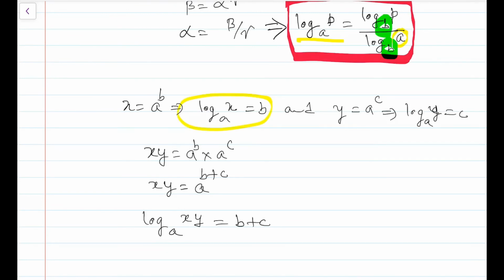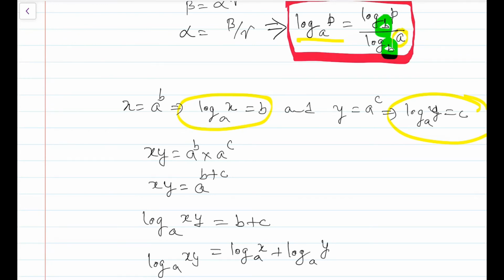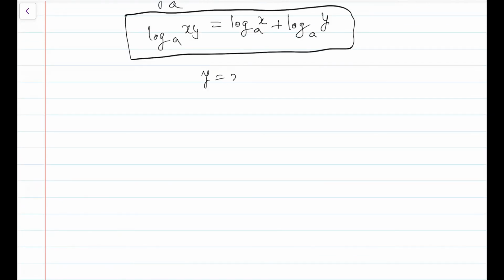Now what is the value of b? B is log of x to the base a, and the value of c is log of y to the base a. So now we have got an interesting property. Log of xy is equal to log x plus log y. Now consider a case when y is also equal to x.